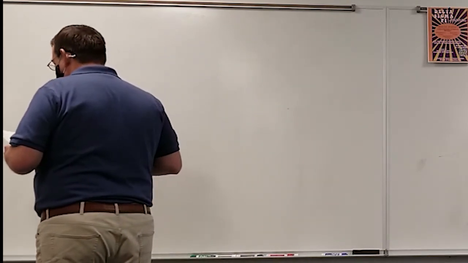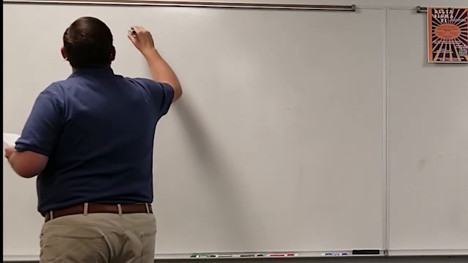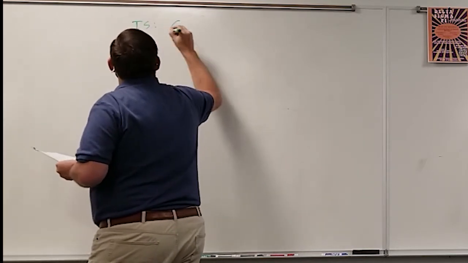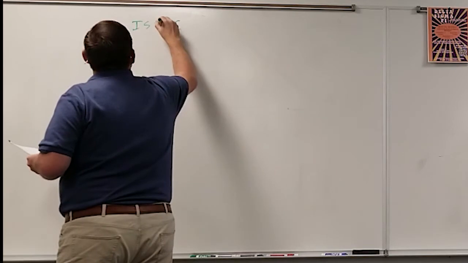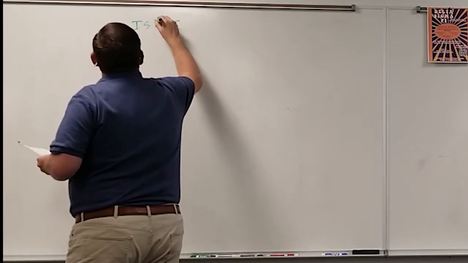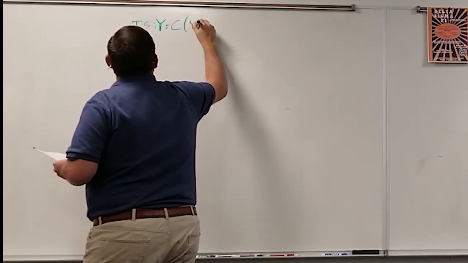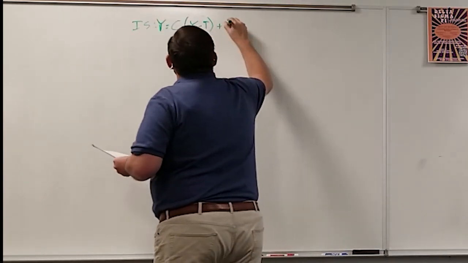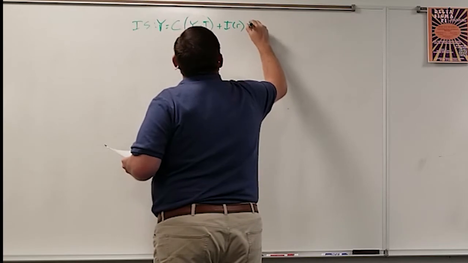Now, if we think about the IS curve, we've said that it is the concept that y equals c of y minus t plus I of r plus g.